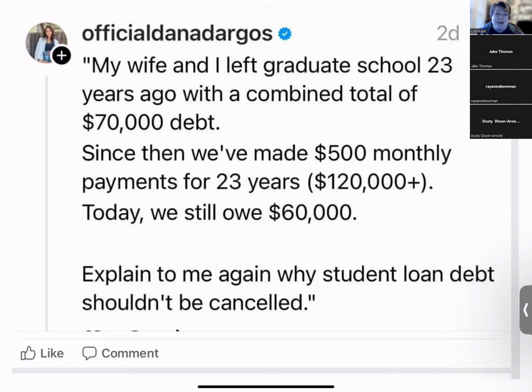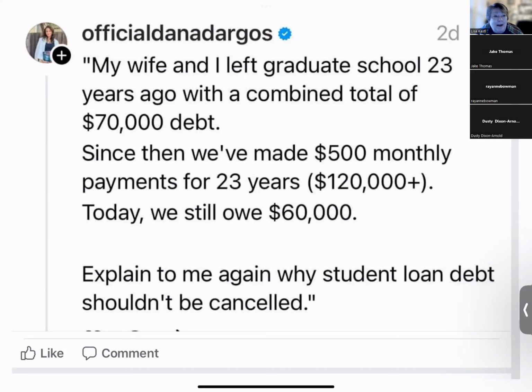So my first question, I was going to type in the Facebook and I slapped my hands. What, they go to a loan shark? Who did they go to for this loan? Are you kidding me? No way, no how. Can't be. There's no way. If you pay $500 a month for 23 years, what's your interest rate? Is this a credit card?